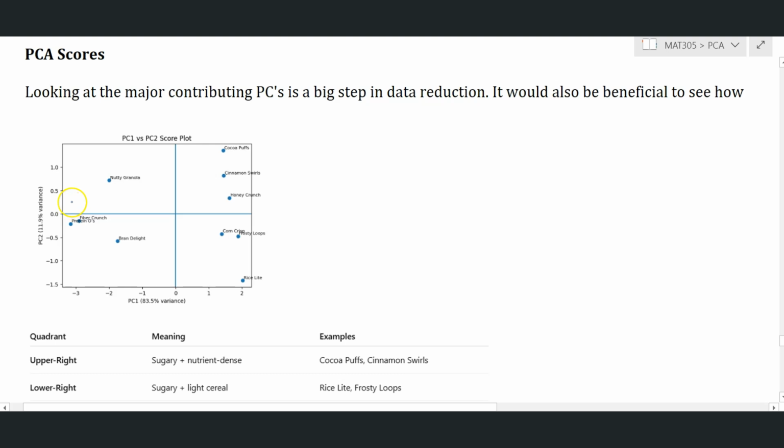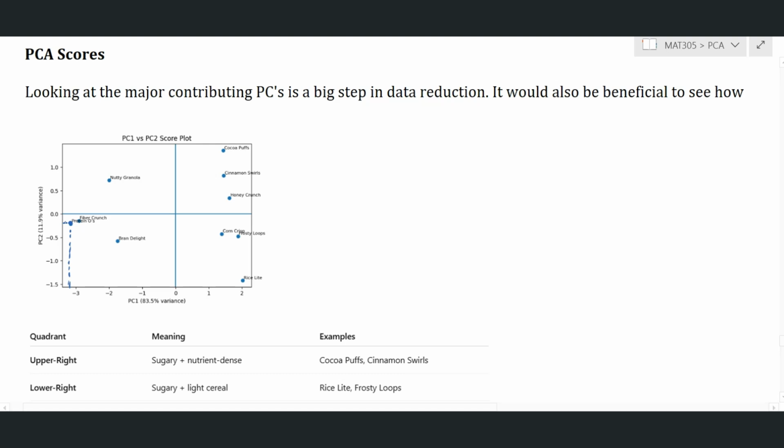So for instance, if we look at Protein O's, you can see that on the PC1 axis, this axis from left to right is the PC1 axis, and the axis that runs up and down is the PC2 axis. Protein O's has somewhere just slightly above a -3 score on PC1, and it has roughly a slight negative score on PC2 as well.